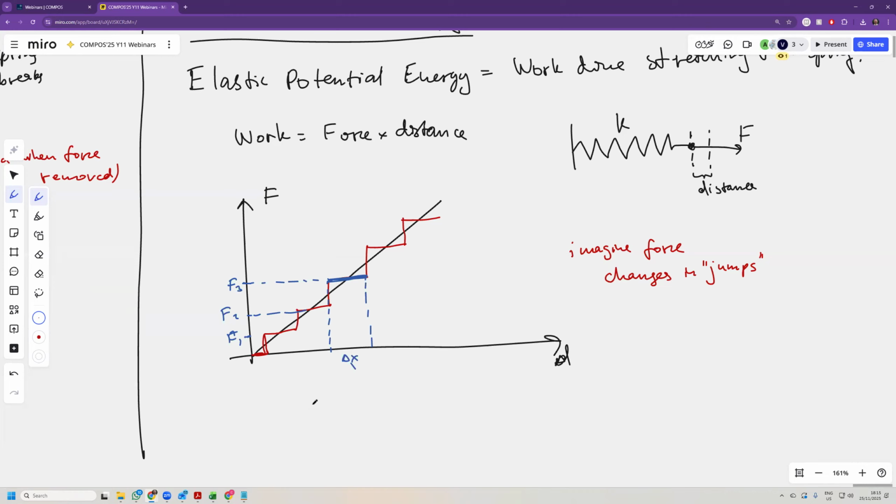So the work is equal to F3 times D3. But F3 is the height of this rectangle, and D3 is the width of this rectangle. So that's just the area of the rectangle.